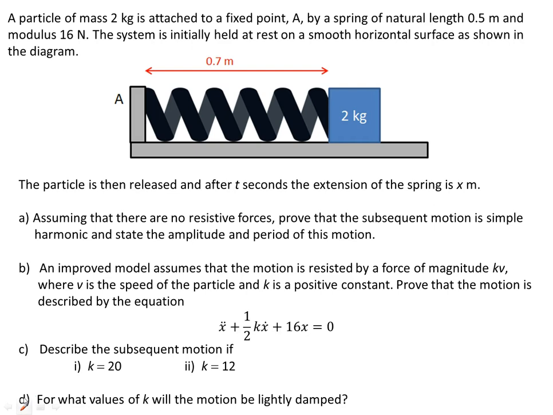The particle is then released, and after t seconds the extension of the spring is x meters. And we're to assume, to begin with, that there are no resistive forces, and we have to prove that the motion is simple harmonic motion and state the amplitude and period of this motion.